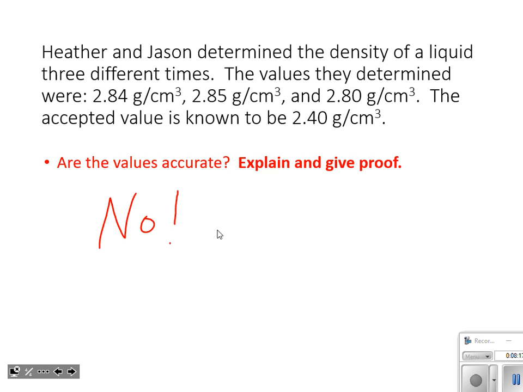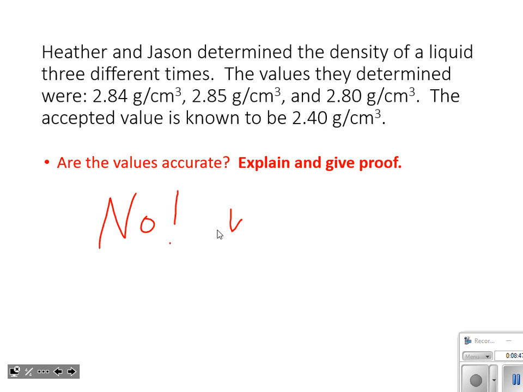They're all off by at least 0.4. Well, we need to start, ladies and gentlemen, associating accuracy with what calculation? Percent error, okay? What did I tell you your percent error should be, Olivia? That's what it was. What should it be on an accurate experiment? 5% or less. Is this 5% or less? No. So I would say no.